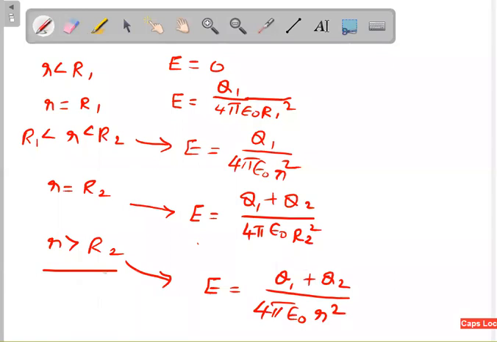Concentric spheres. And I will give you one assignment.